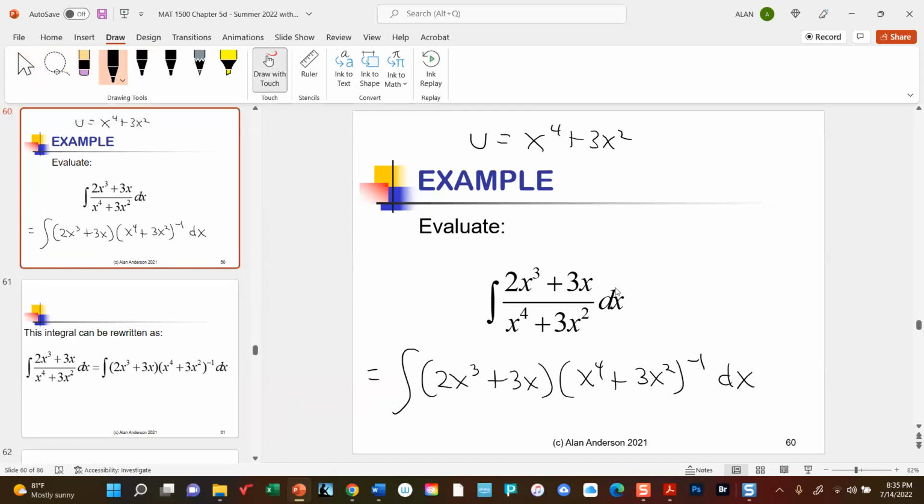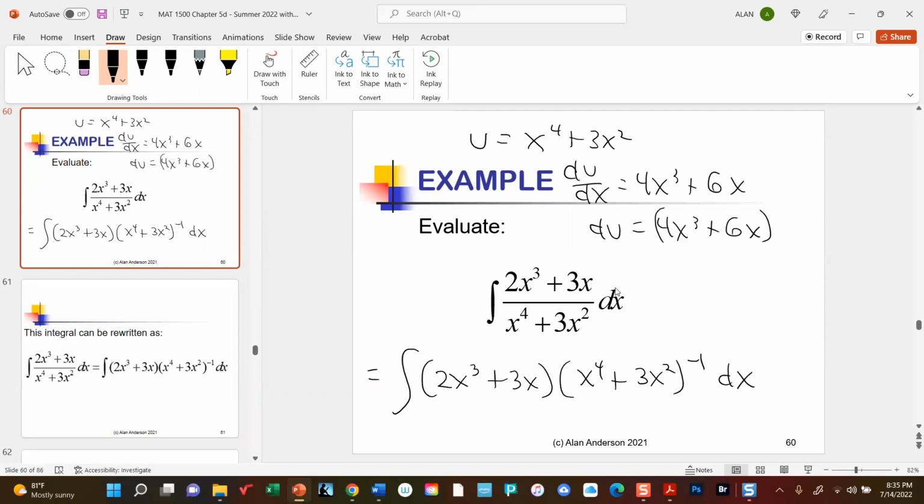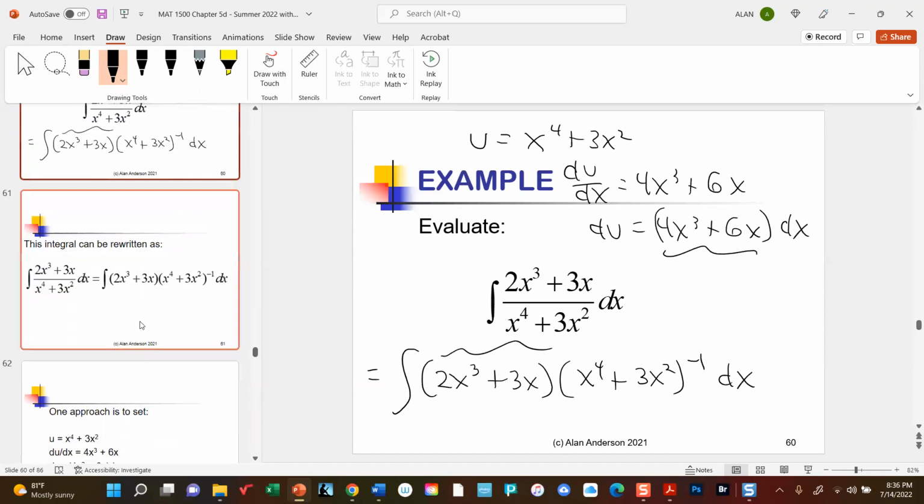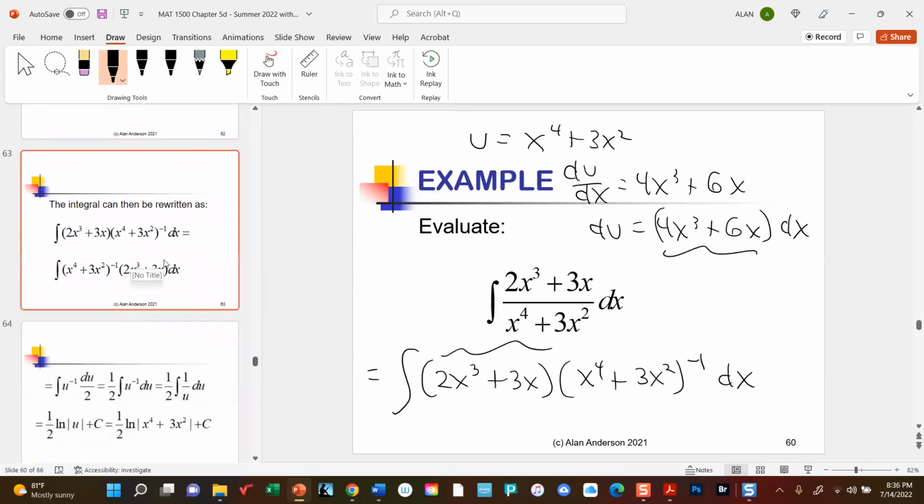And we may have done the right thing here, because if you can see, du dx is 4x cubed plus 6x, and du is therefore 4x cubed plus 6x dx. Now, we don't actually have that, but we can get it because if you notice, this expression is 2 times this expression. So here's what we're going to do.